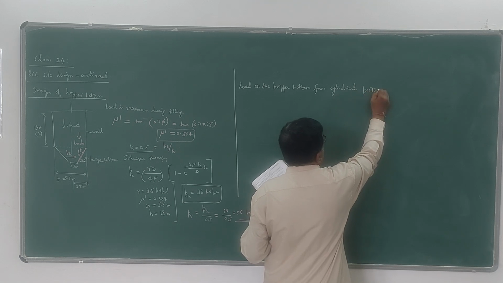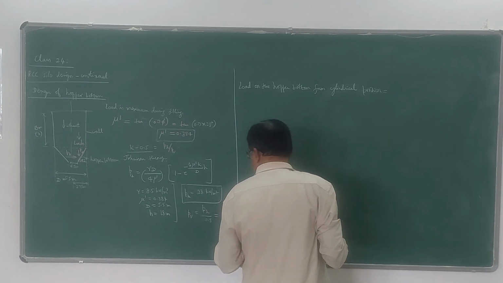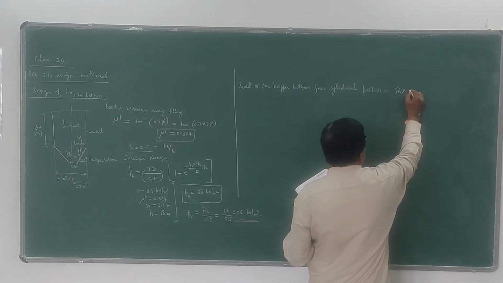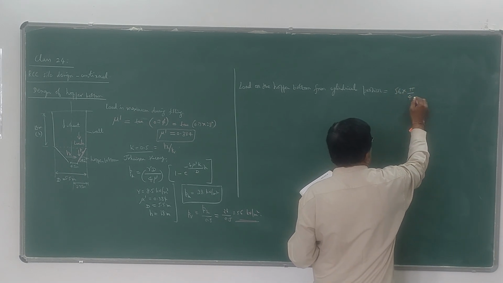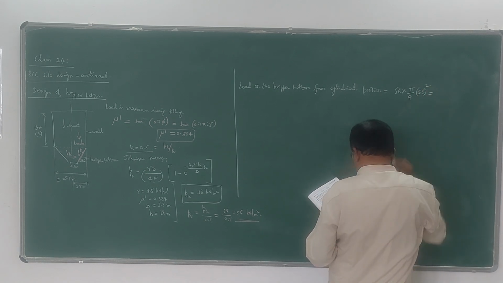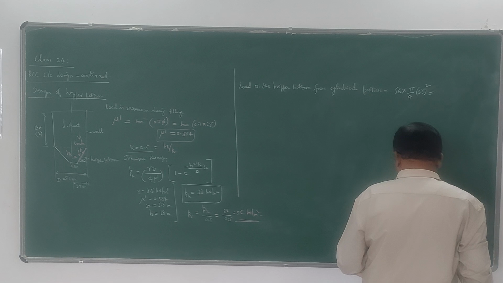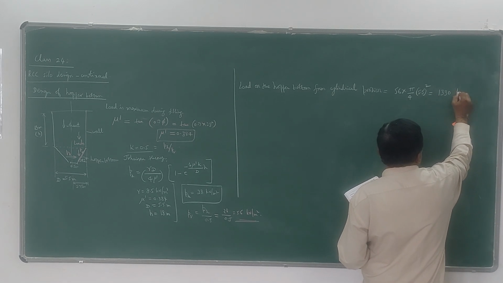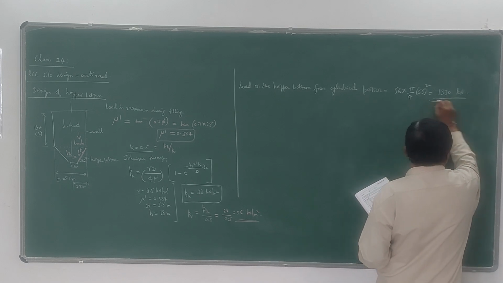All three we have to add. The load from the cylindrical portion is given by pV, 56, multiplied by the cross sectional area of the silo, pi by 4 into 5.5 square. So this is almost 1330 kilonewton. This is one load.